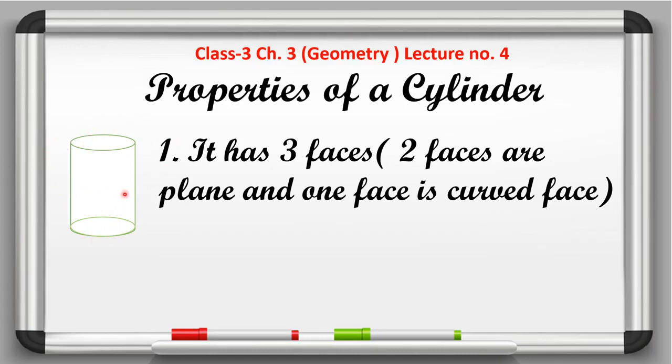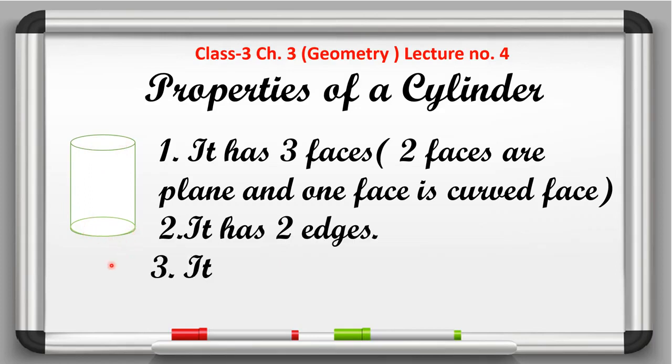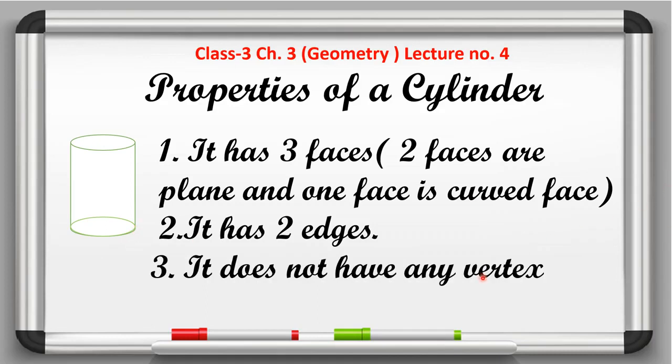This is the curved face. Number 2, it has 2 edges, this one and this one. And number 3, it does not have any vertex or corner. It does not have any vertex or corner.